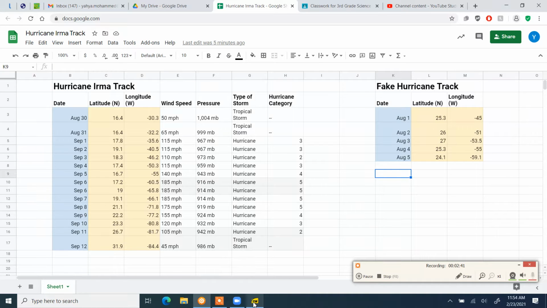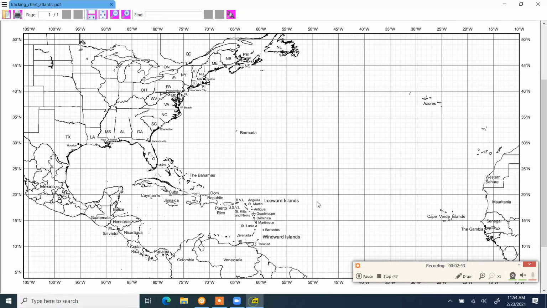The first thing I'm going to do is find 25.3 north. Here's 25, so 25.3 is going to be just a little bit above that. Next I want to find 45 west. Oh, here it is, 45 west.